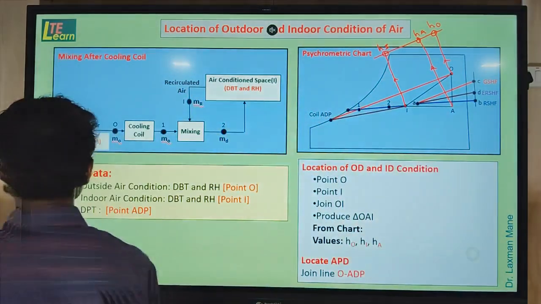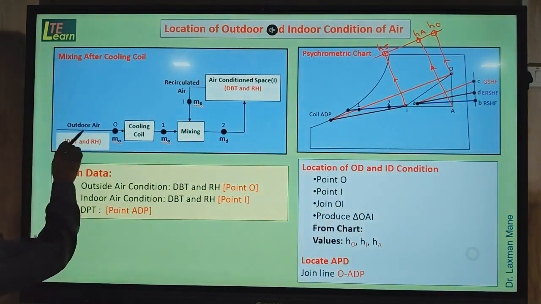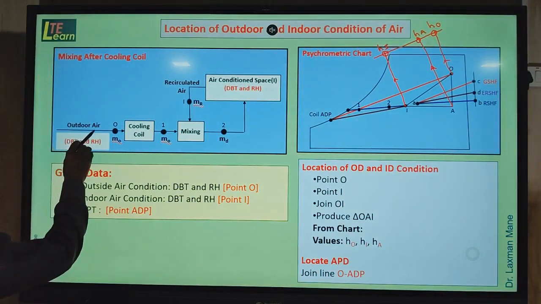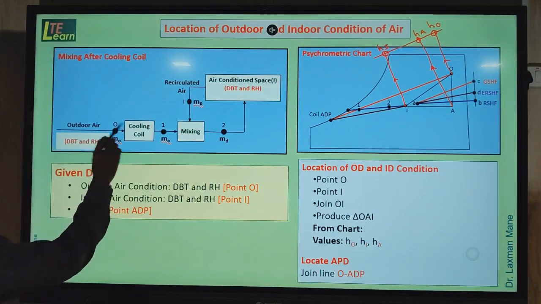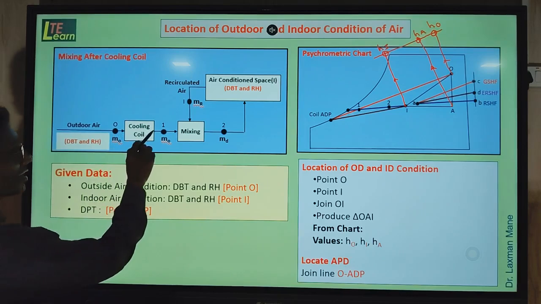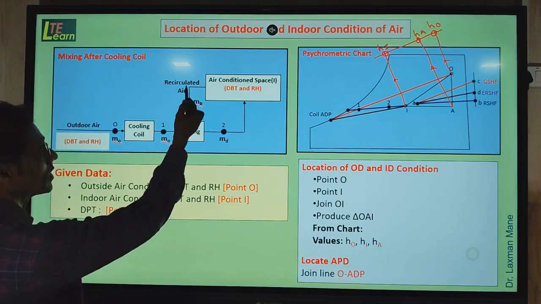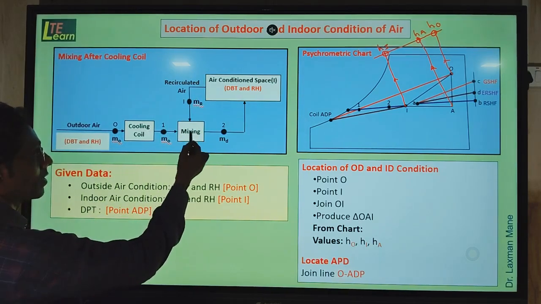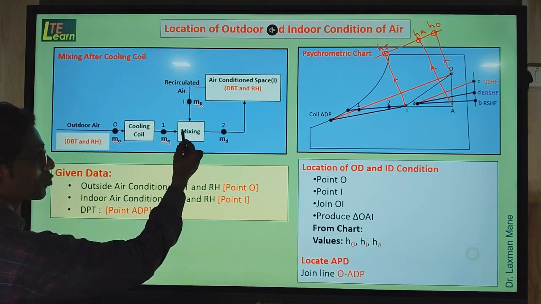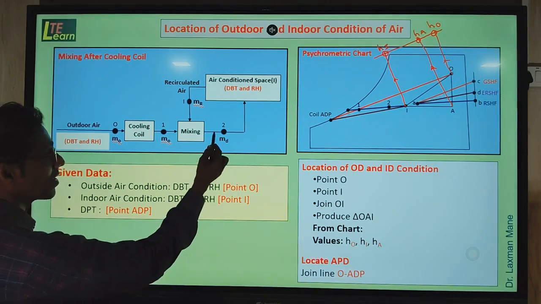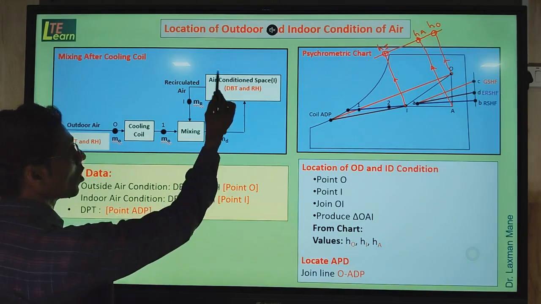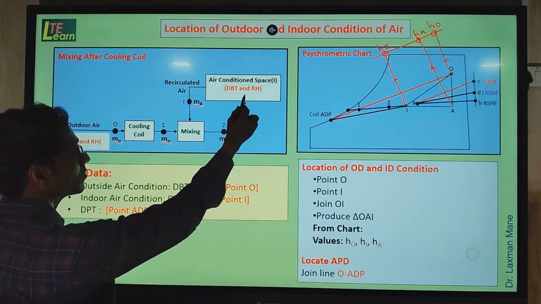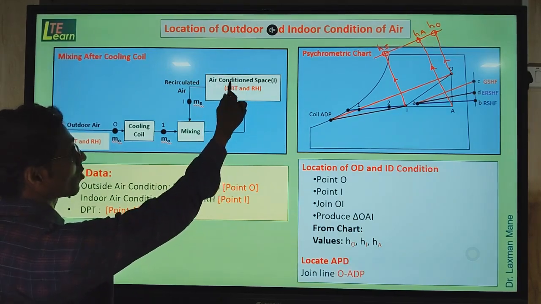So here if you see, the outside air is taken, that air is passed over the cooling coil. So this is a process air. This process air is mixed with the return air, and the sum of these two, that is called as dehumidified air, that is passing to the hall to receive the heat content from the hall.